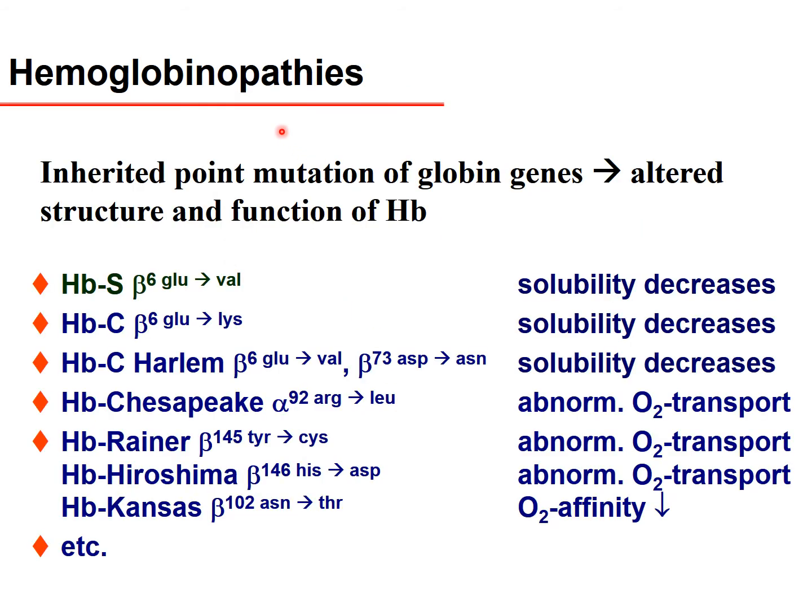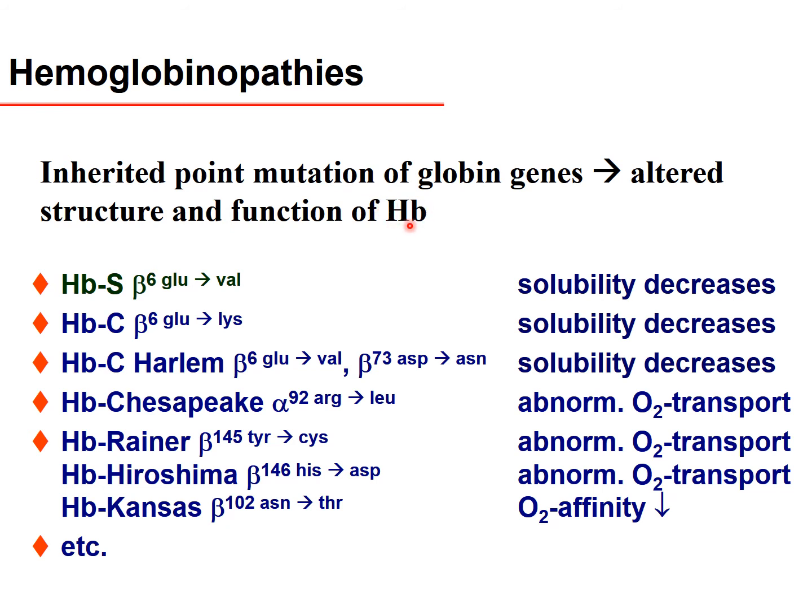Now, the next one, the hemoglobinopathies. Hemoglobinopathies are different from the thalassemias because here we have an inherited point mutation of the globin genes. So we have globin genes, alpha and beta genes, but the globins are a little bit altered.